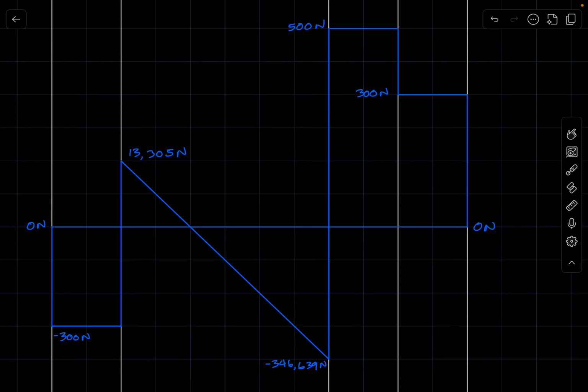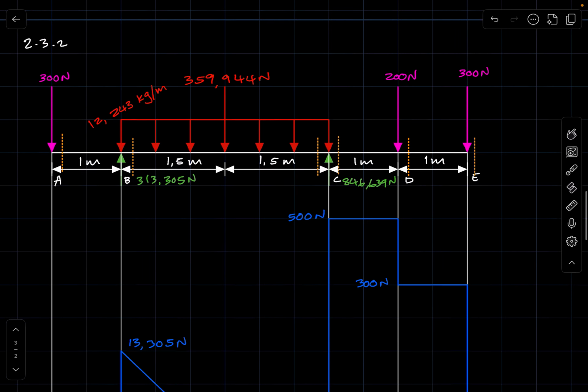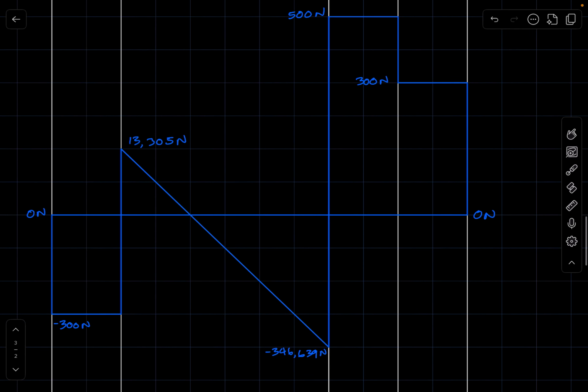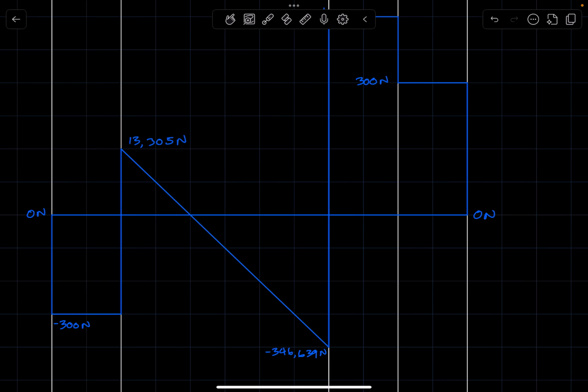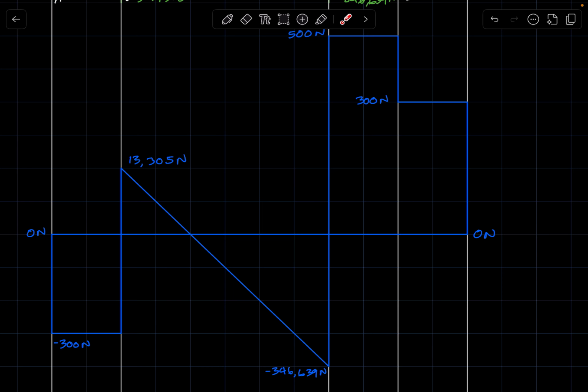And that is how you draw a shear force diagram. Now the shear force diagram is important because it shows us points where the beam is experiencing the most bending, and those points are where the shear force is equal to 0.